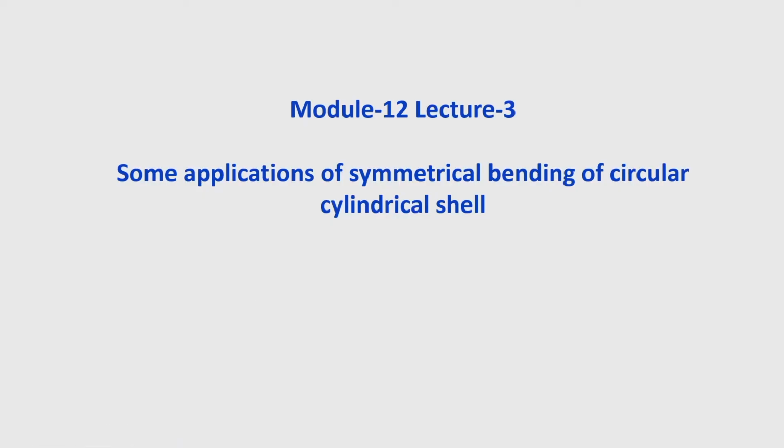It will gradually die out at a larger distance from the edge, but the membrane solution will exist and predominates the behavior of the shell as a particular solution. That will be illustrated today by two examples that I have selected for symmetrical bending of circular cylindrical shell.